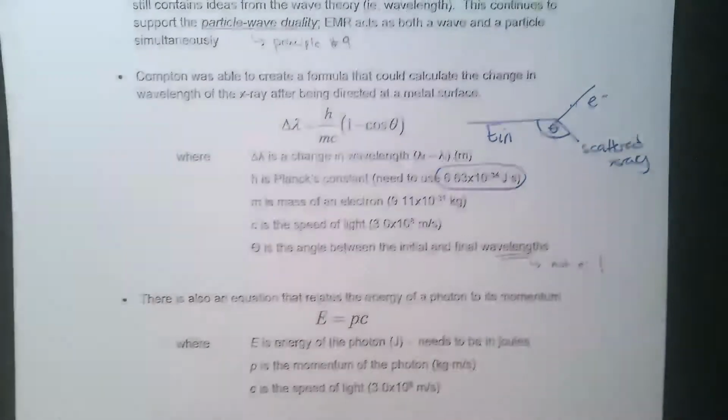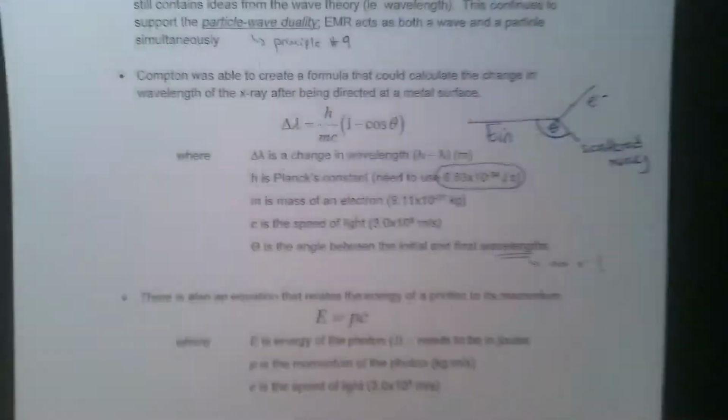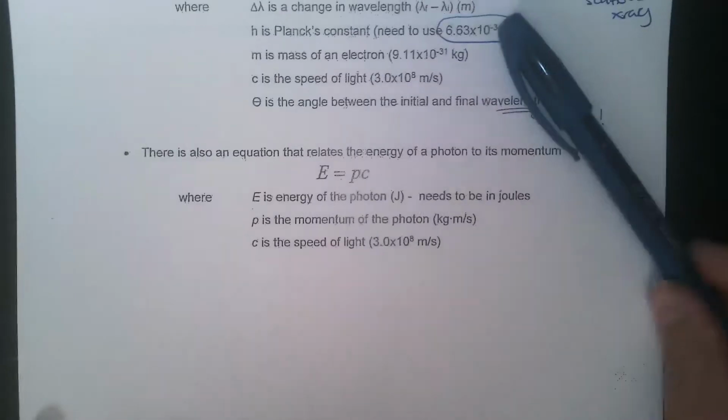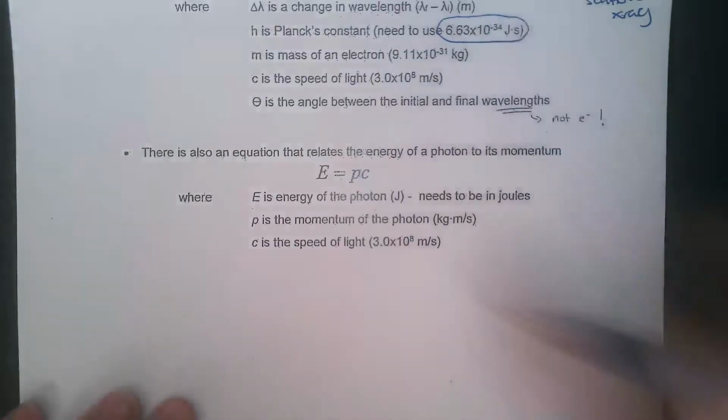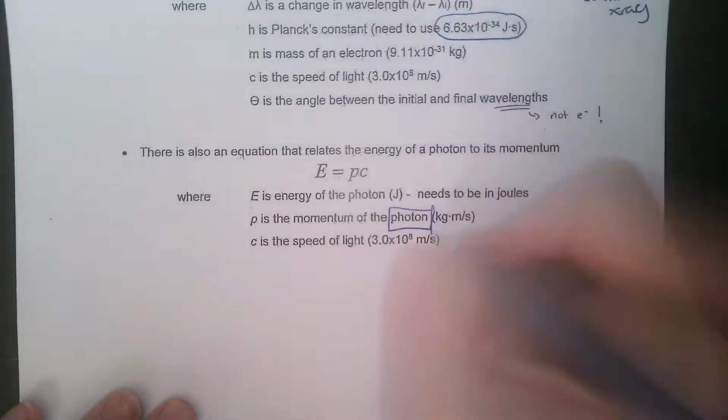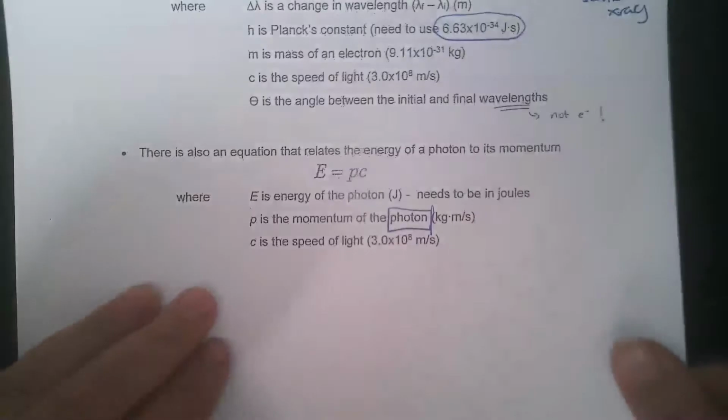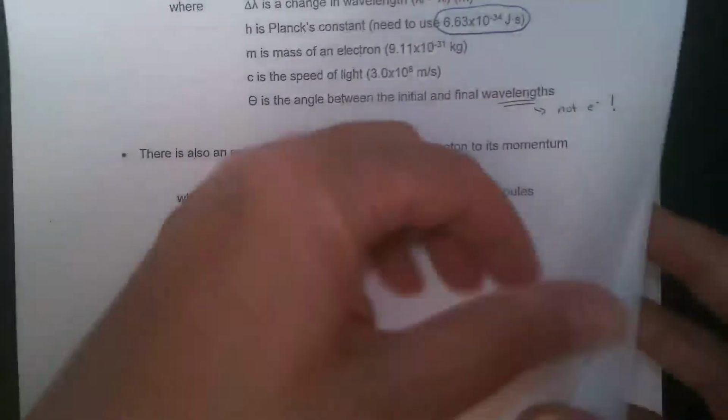So that's a key piece to remember. And then the one final equation that we look at is energy equals momentum times the speed of light. So again, energy needs to be in joules, momentum is for a photon, and c is 3.0 times 10 to the 8.